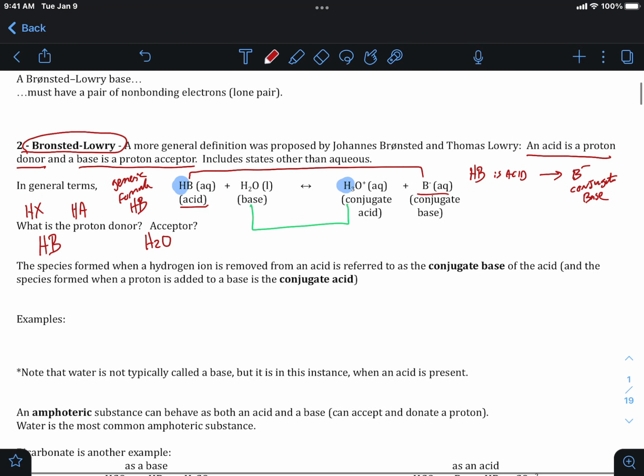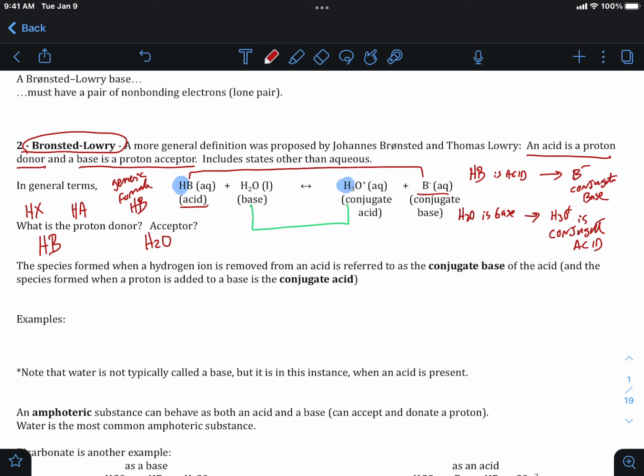Right? If water behaves as the base, then H3O plus is the conjugate acid.